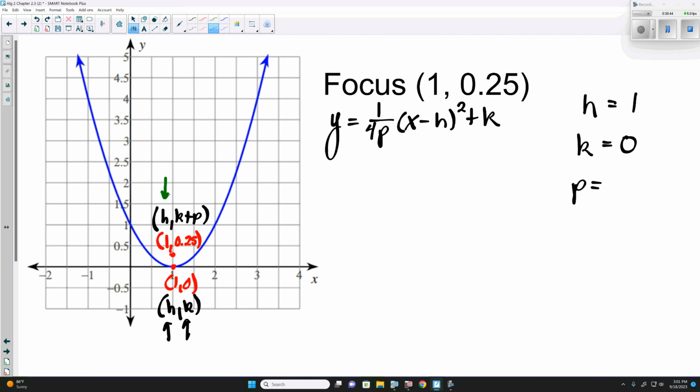Now k plus p this time is, so we're saying k plus p is equal to 0.25. Now we know what k is. K in this situation is 0, plus p is 0.25, which is just telling us p is 0.25.